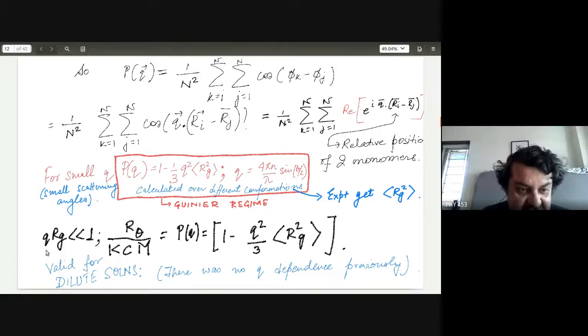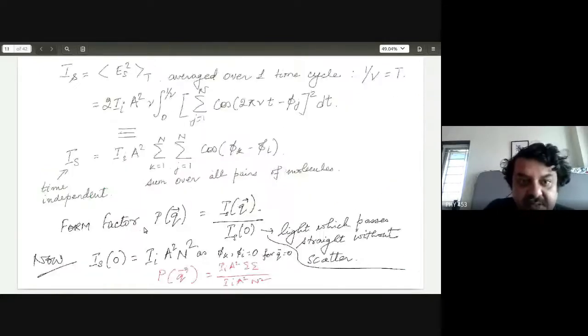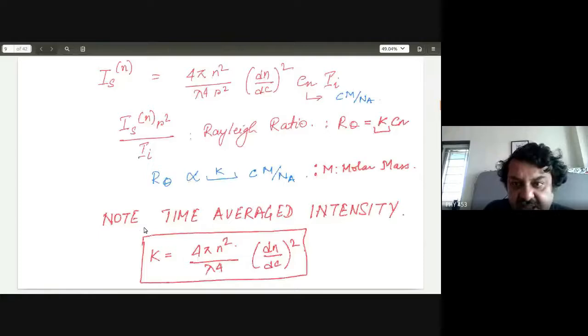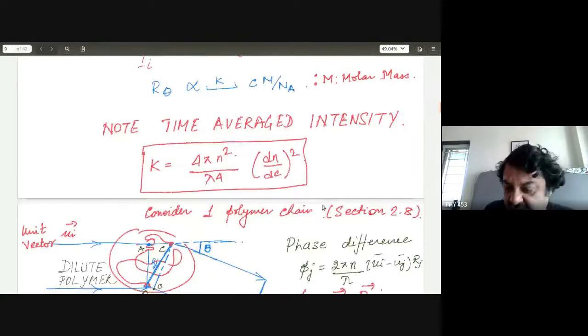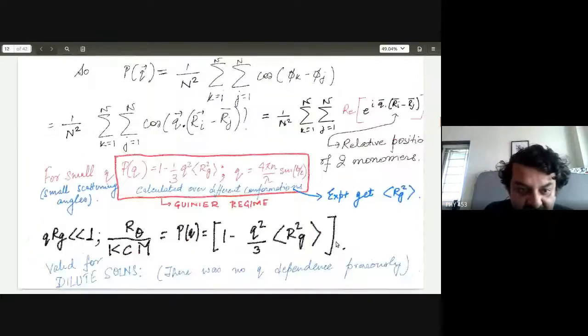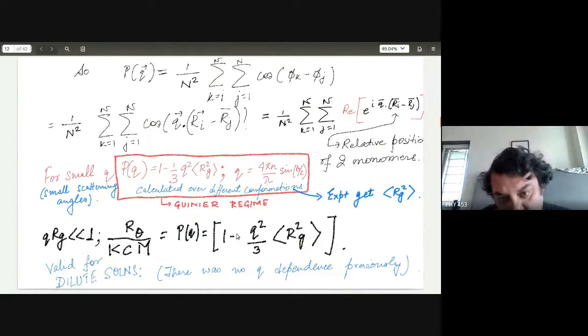And basically this holds when q Rg is much less than 1. What can be shown is that R theta, the Rayleigh ratio, divided by Kc, is actually equal to P(q), which can be written as 1 minus q squared Rg squared by 3.